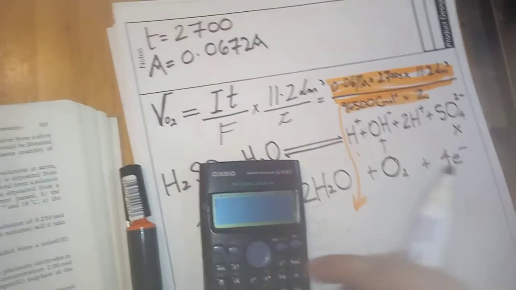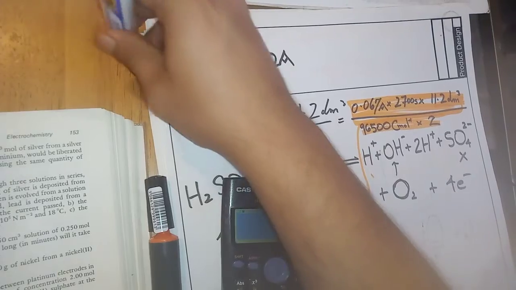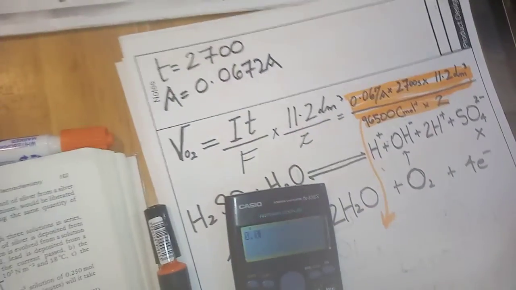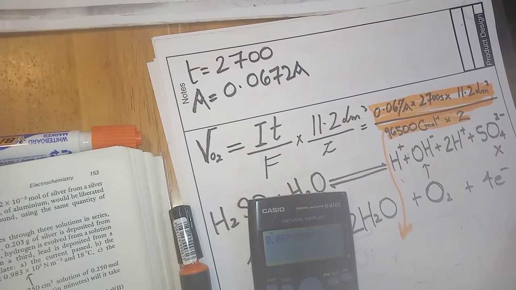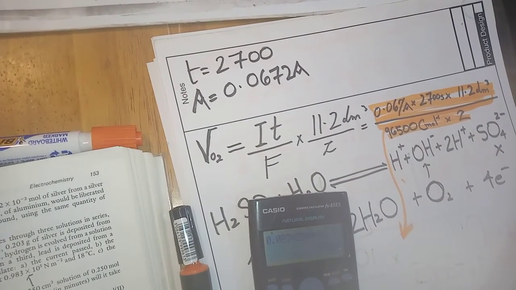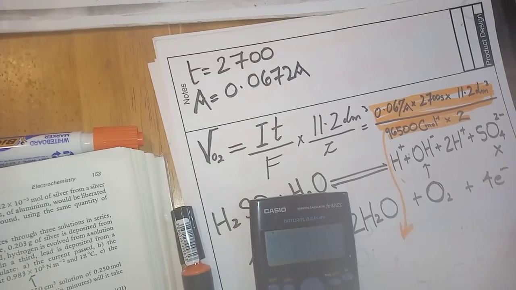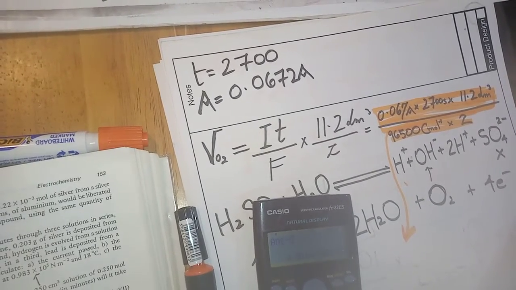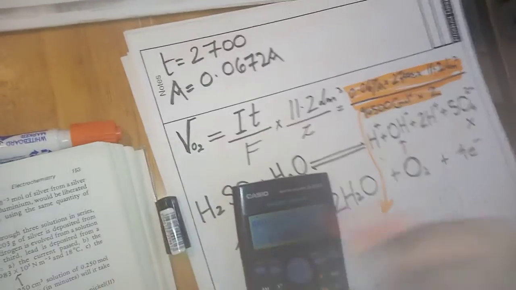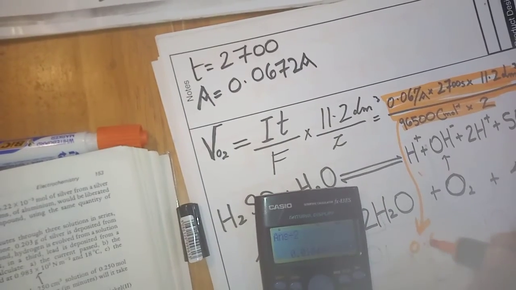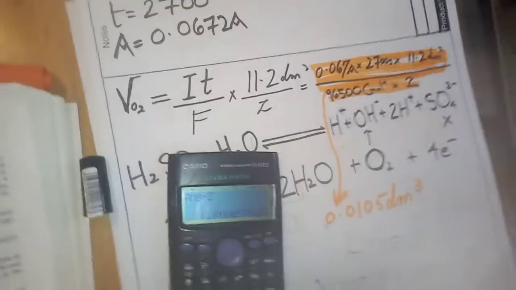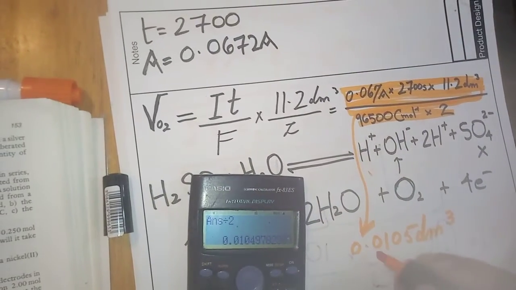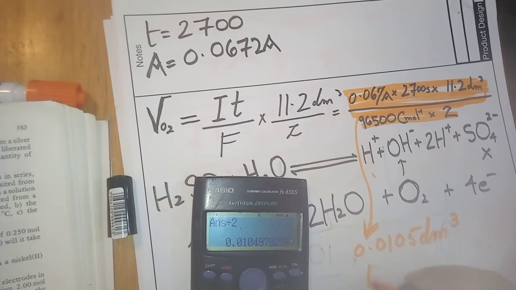And that'll be... dm cubed, or it would be 10.5 centimeters cubed.